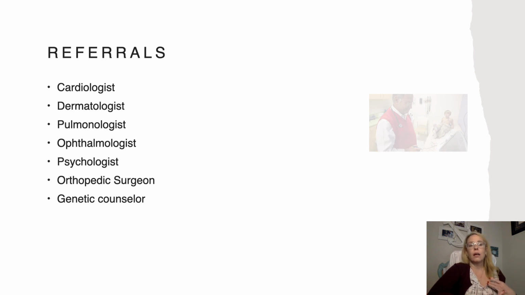So they need to see a cardiologist, and at some point probably a cardiothoracic surgeon, a dermatologist, a pulmonologist, an ophthalmologist, a psychologist, because this is something that is not cured, it's lived with, so it's probably something that they need to talk with someone about, an orthopedic surgeon possibly, and then a genetic counselor.